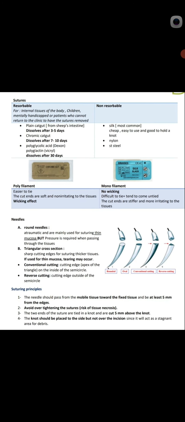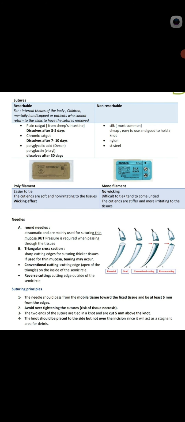Third, suture material should be strong, and fourth, it should be flexible to be easily tied. Now, suture diameter is noted by the number of zeros. The more zeros, the smaller the diameter. In surgery we mostly use 3-0 sutures.